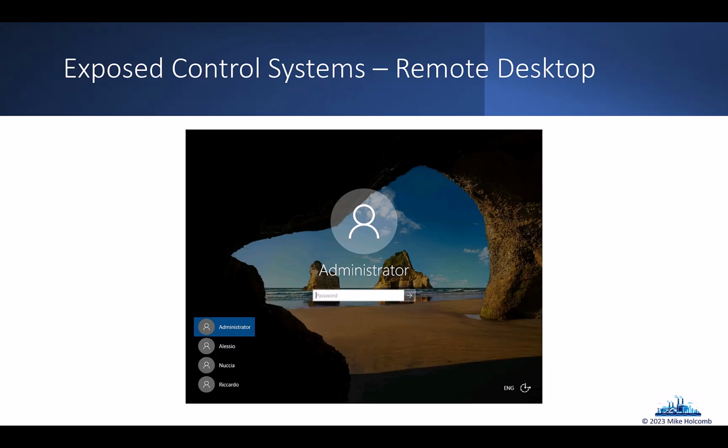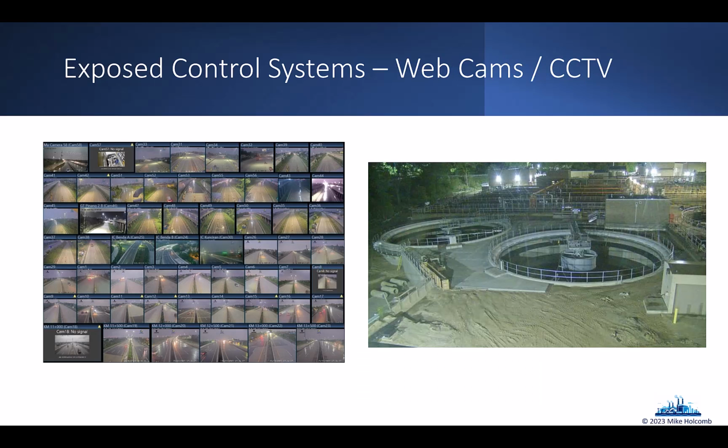So we talked about the remote desktop example. Now here are some, I think, better examples of webcams or CCTV in OT environments, right? On the right-hand side, you can see obviously a water treatment plant. On the left-hand side, I think this was mostly different highways and roads, but it was also this idea where you have multiple cameras in one interface, which I thought was a great example to show, right?